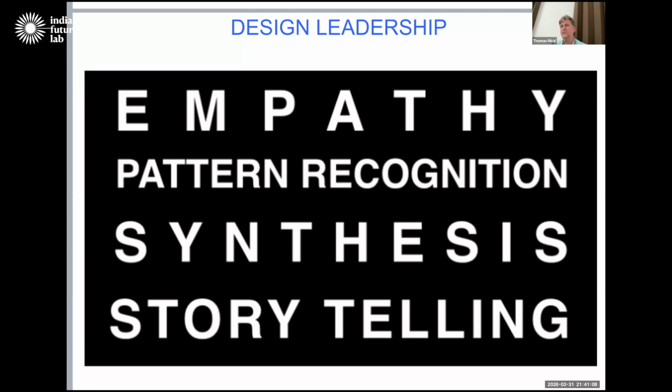The third skill that designers have that are actually leadership skills is the ability to synthesize. And this is the one that I've been emphasizing at the beginning of my talk too. My surrealist tendencies, which were activated by seeing Salvador Dali's work as a young teenager and listening to Pink Floyd's music and seeing a relationship between those two things.